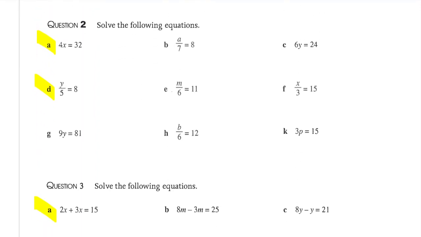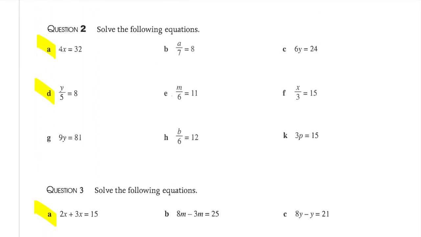If we look into question 2 here, next to each other means times, and fractions mean divide. So this is your multiply and divide questions. If I have 4 times by x, my opposite is to divide by 4. Okay, that will leave the x by itself.